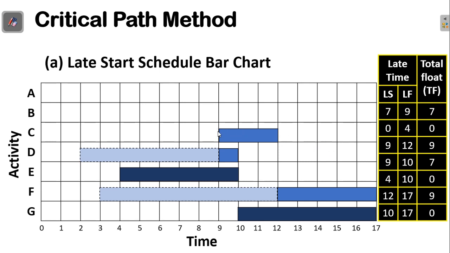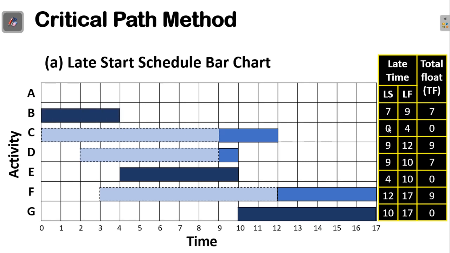delay of 9 days. So you can see you can delay from the initial stage of the project up to the 9th day, and at the 9th day you can begin this activity, but not more than on the 12th day. Okay, and activity B has a late finish on the 4th day and the late start on the 0 day.